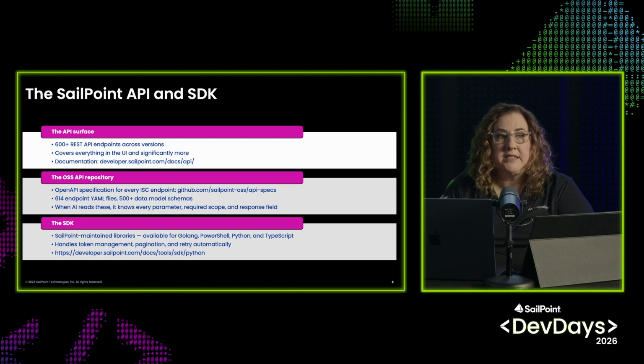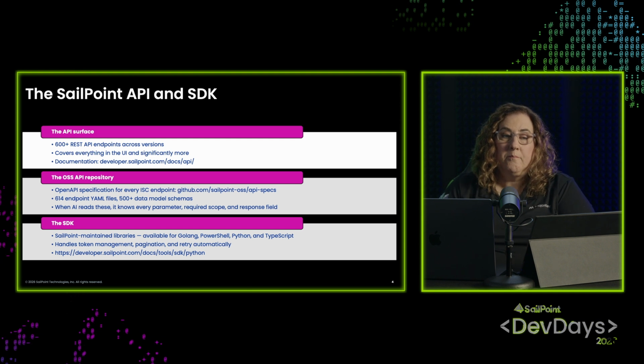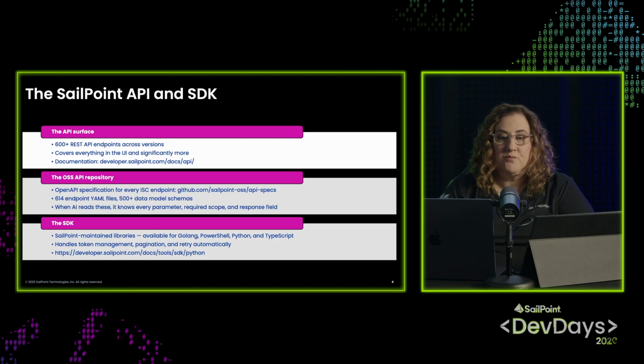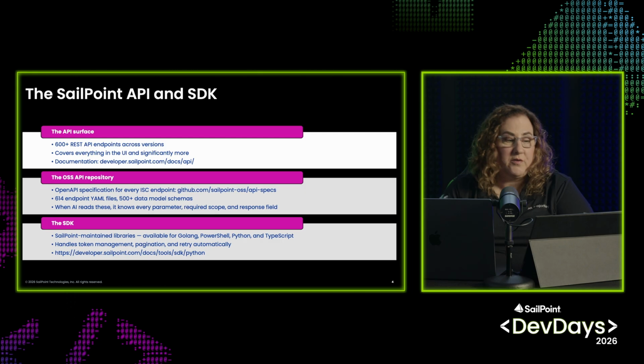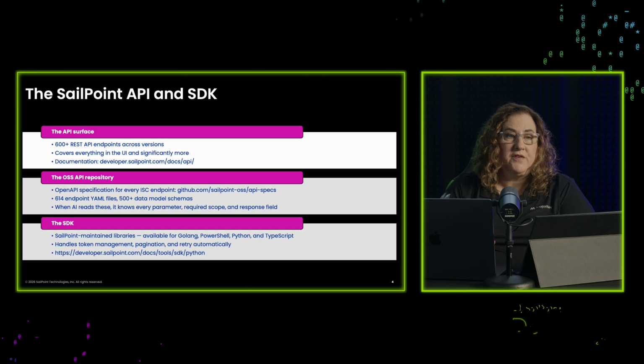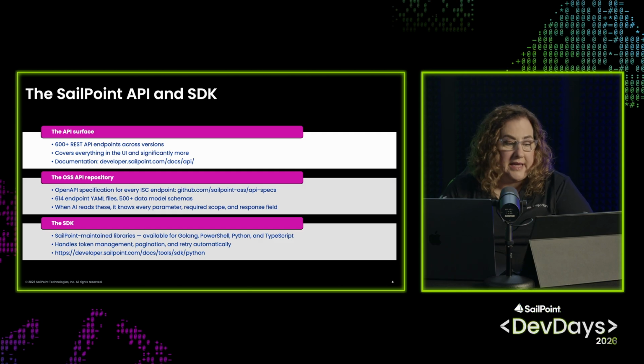It can get bogged down looking through the website, but it can process the YAML endpoints much more precisely and find more information more quickly. With that, it can learn every parameter, the required scope, and every response option that could be possible. We're going to talk about those things today if we were using the API, and we're also going to show how the same thing is possible if you were using one of the SDKs.